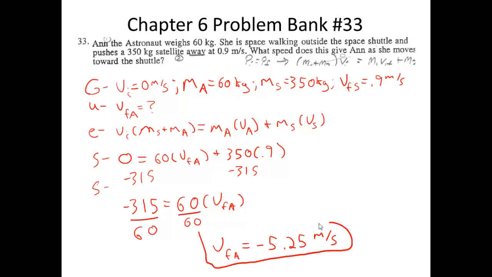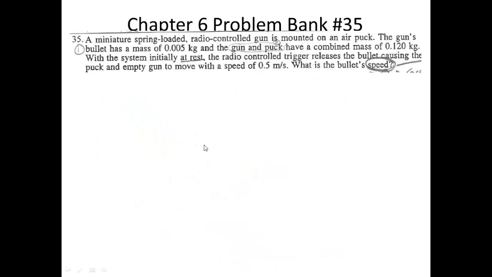Again, that negative is just showing that because Ann pushed away the satellite, and we call our satellite's motion positive, Ann will be going in the opposite direction.